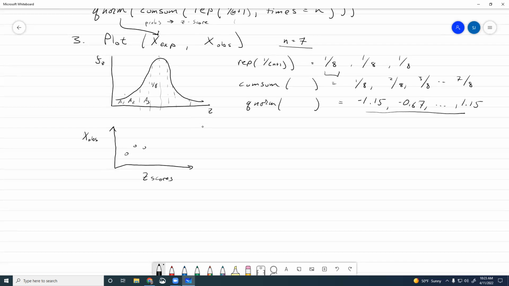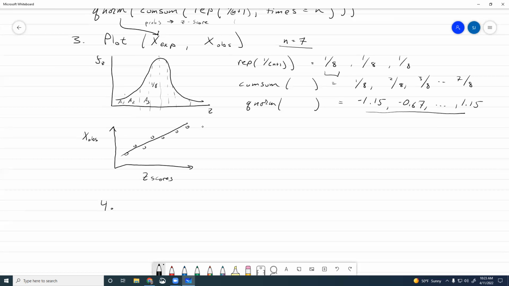And if it follows a normal distribution, it should be fairly linear. And then the last step is to plot this line through it. The way they do this line is pretty basic. They just pick 2 points and then fit a line to it.